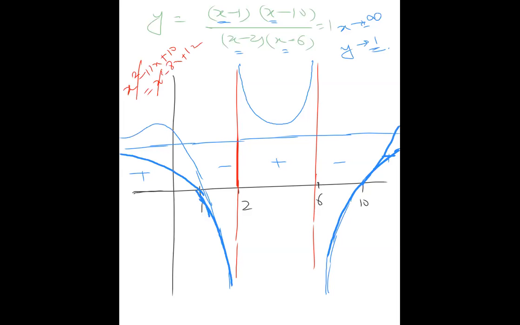X square cancels out, and we get x as some value. So the graph would be something like this. At 1 this will be 0 and something going. Not this one. So we have to omit this graph, this graph, this graph, and most of the part of this.